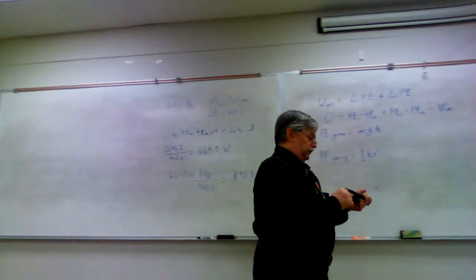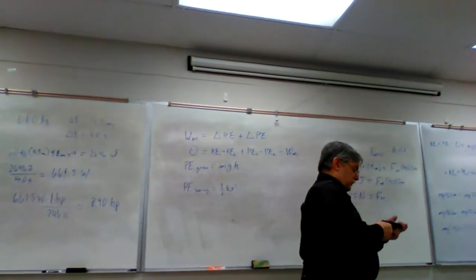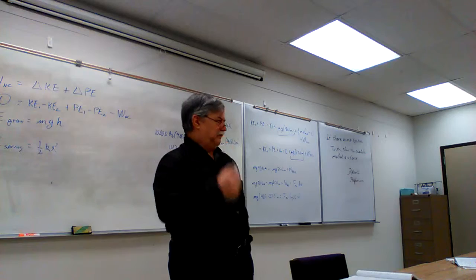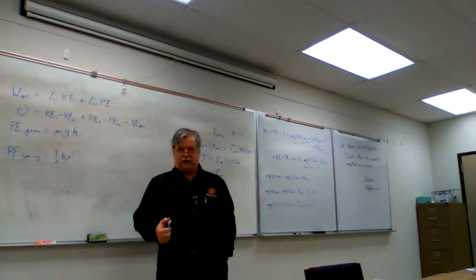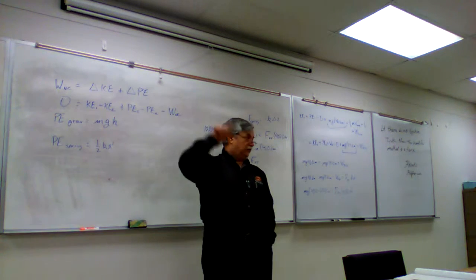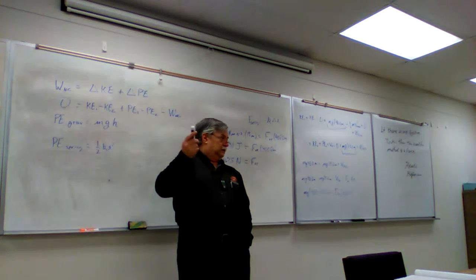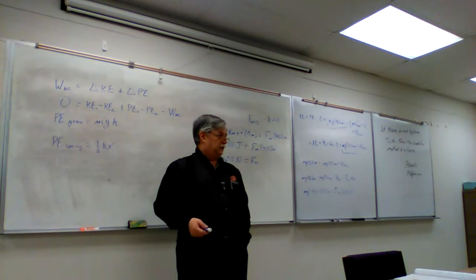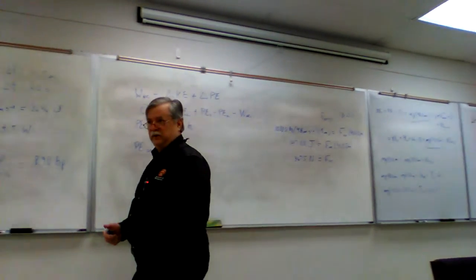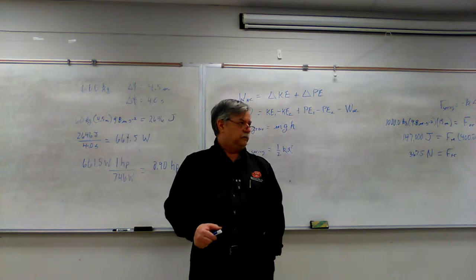That's almost 1 horsepower that he had to generate to run up 4.5 meters of steps, vertical distance. We don't know what his actual distance was. That would be the inverse tangent of the 4.5 divided by the horizontal displacement, but that's another class.